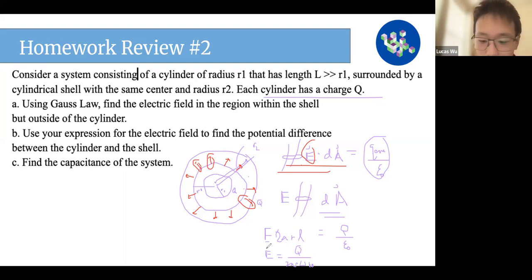And this is a function of R, so you can notice that E is proportional to 1 over R. And now let's move on to part B.